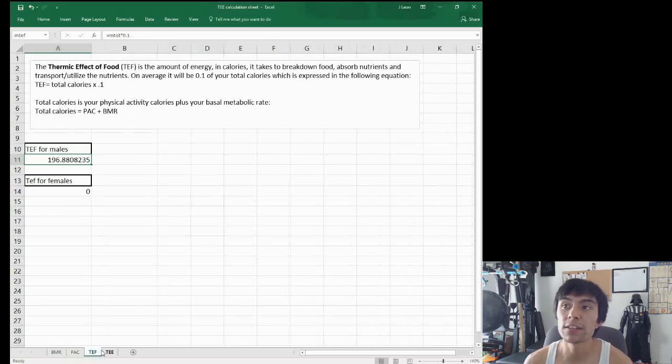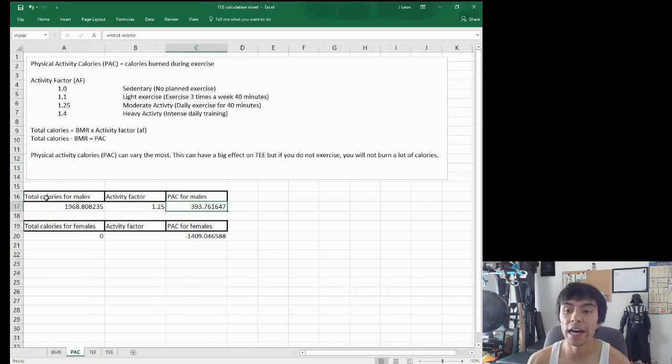The thermic effect of food is the amount of calories that you need to digest and to utilize the nutrients in this food. Every person is going to vary, but on average it's going to be 1.1 of your total calories, which we calculated on the previous page. This was this number right here, 1,969.